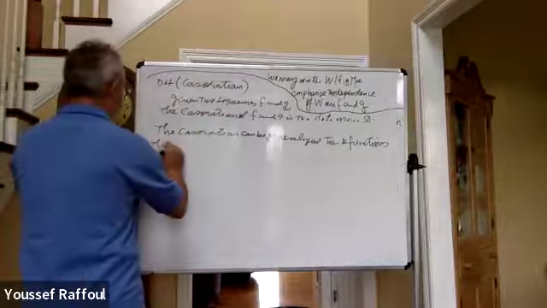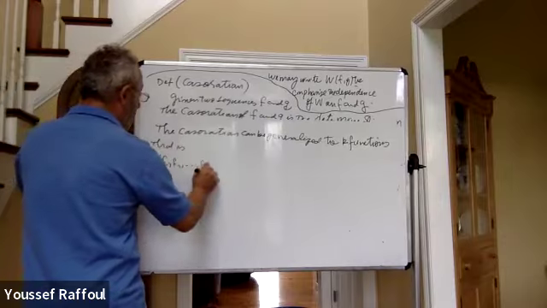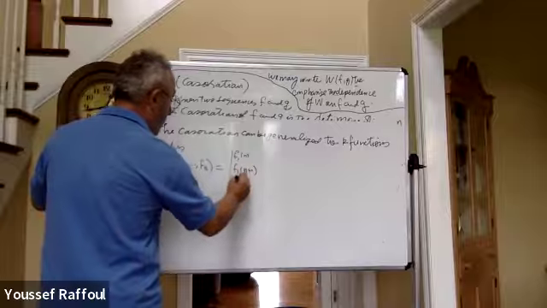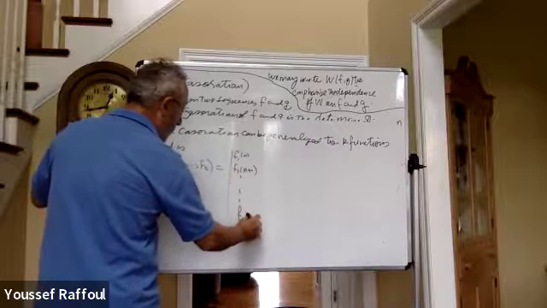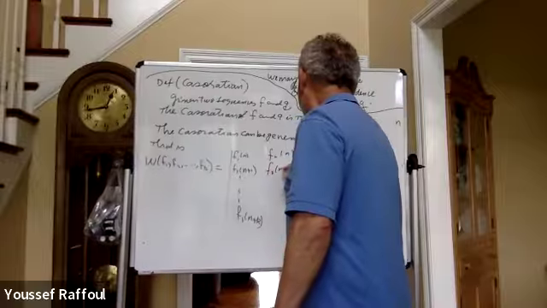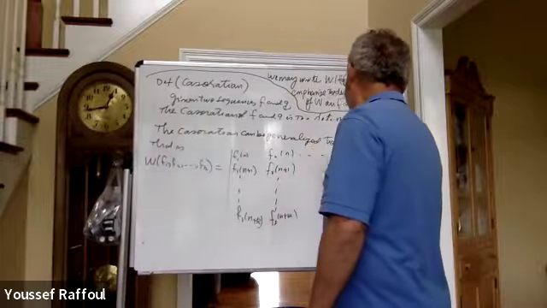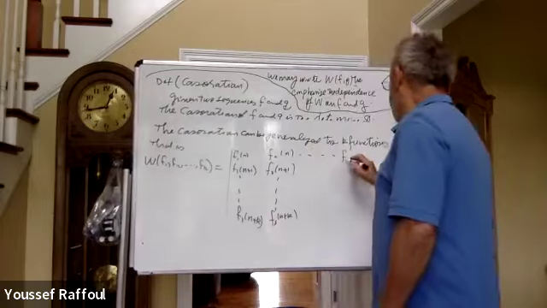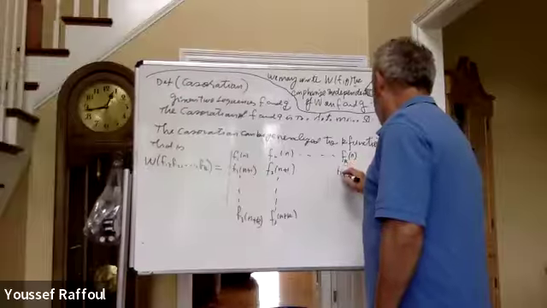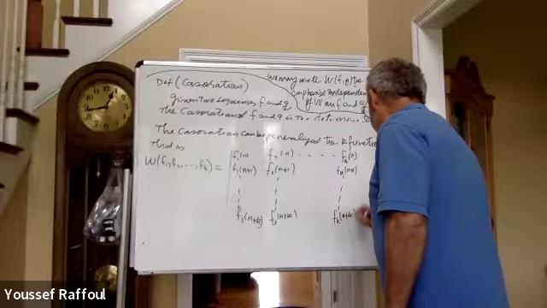That is, W of f1, f2, ..., fk is the determinant with rows f1(n), f1(n+1), ..., f1(n+k); f2(n), f2(n+1), ..., f2(n+k); and the same thing down to fk(n), fk(n+1), ..., fk(n+k).